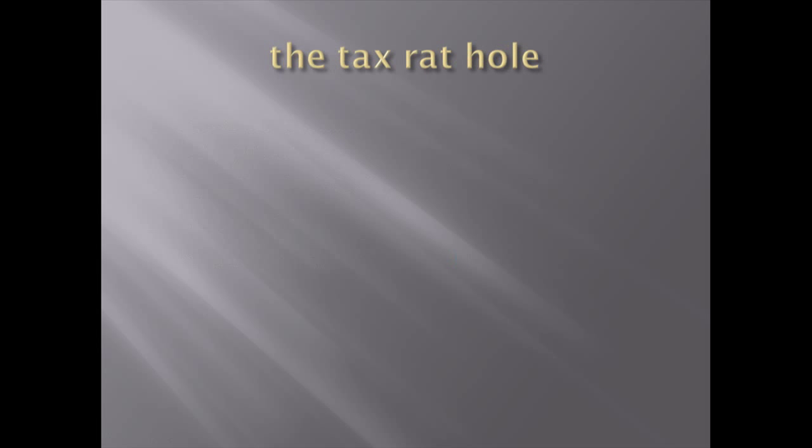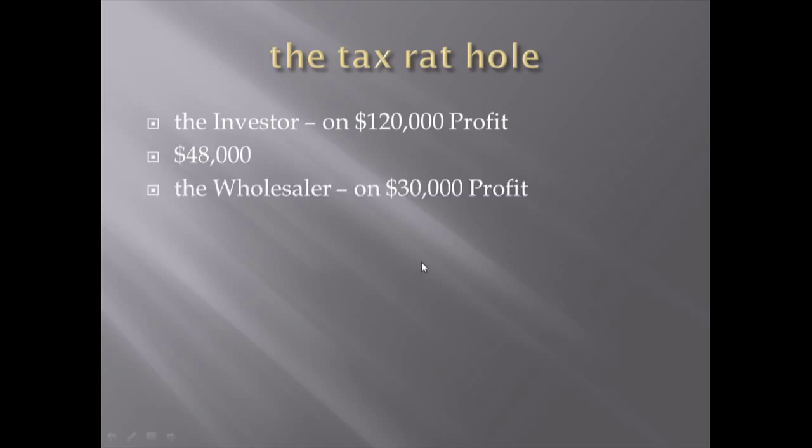Now, money going down the tax rat hole only benefits one person, and it's not the humans, it's the rats. In calculating what the assessable profit is, it's necessary to reference the cost base. So, in this particular example, the investor made 120 grand profit on the cost base of 280.